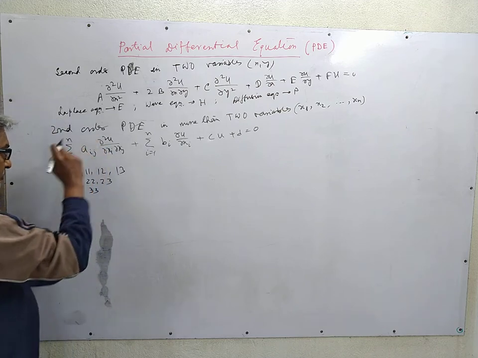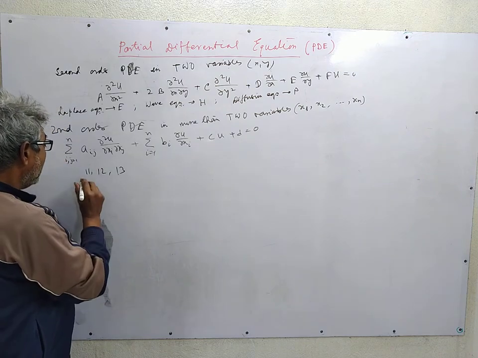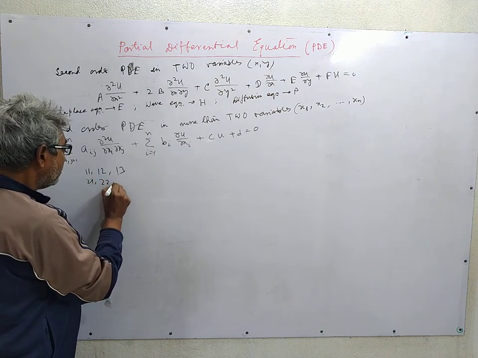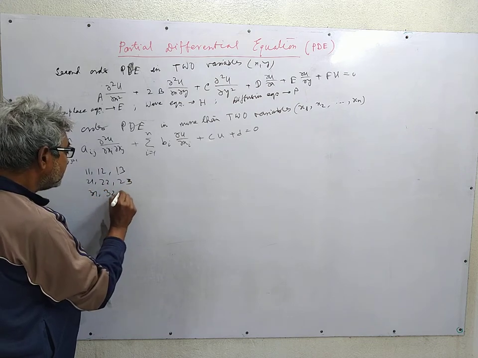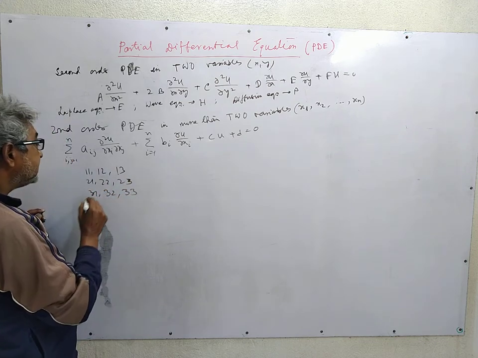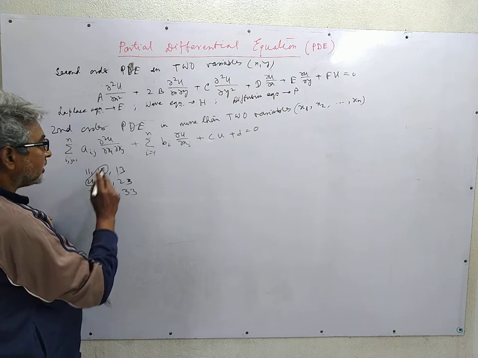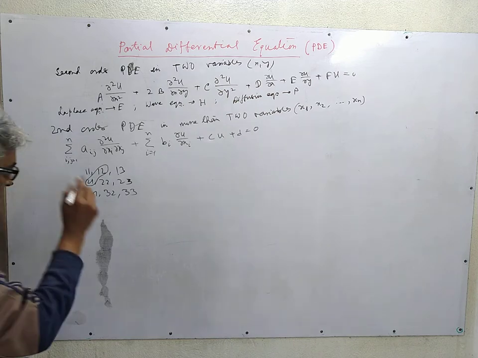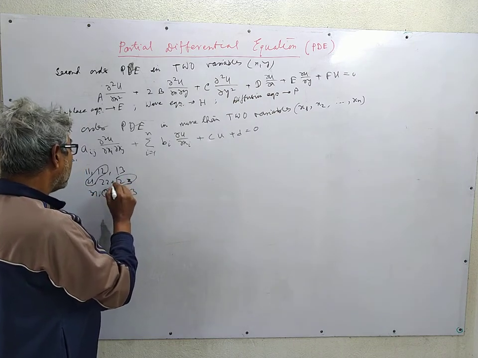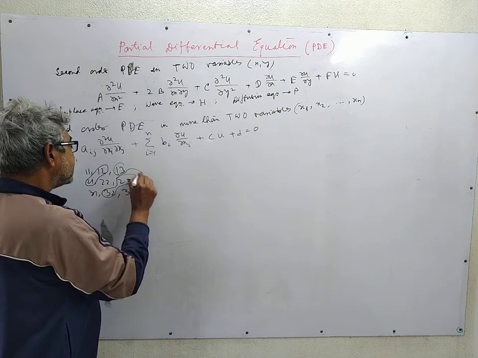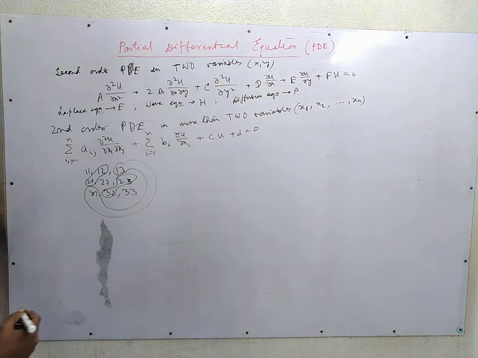These are the terms included here. Over here, sorry, this is 2 1, 2 2, 2 3, 3 1, 3 2, 3 3. But these terms are in general equal because in most of the cases it is found that the partial derivatives are independent of the order, and so they are found to be the same.